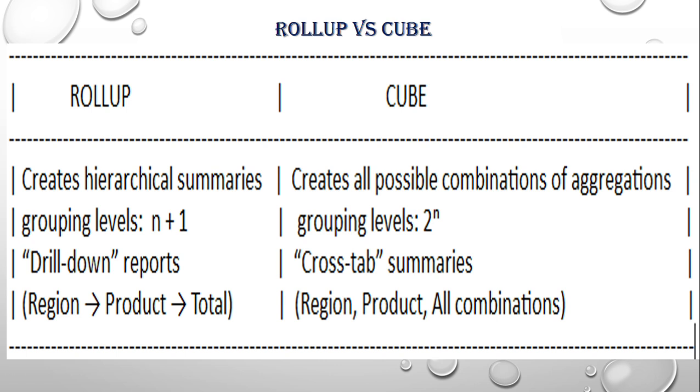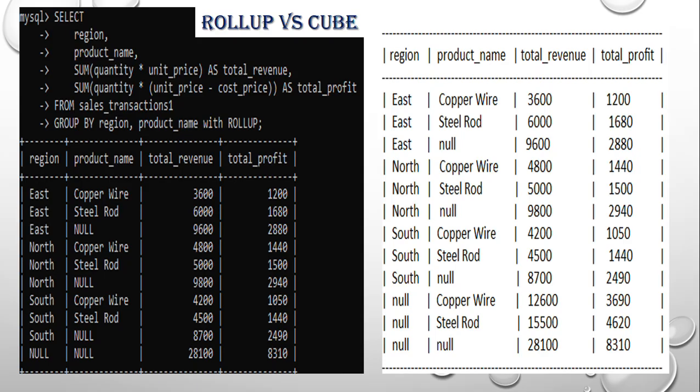ROLLUP is used to drill down reports like region, product, total, whereas CUBE is used for cross-tab summaries for region, products and all possible combinations of aggregations. To see the distinction clearly, I tried ROLLUP and CUBE output side by side. With ROLLUP, for each region you get the individual breakdown as well as the regional subtotals, and then the grand total.